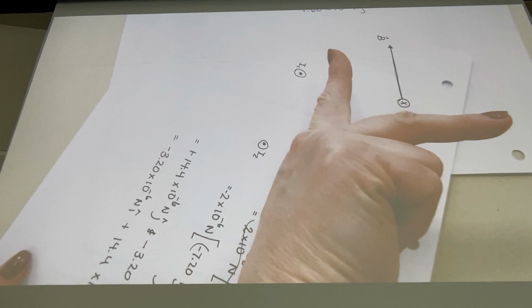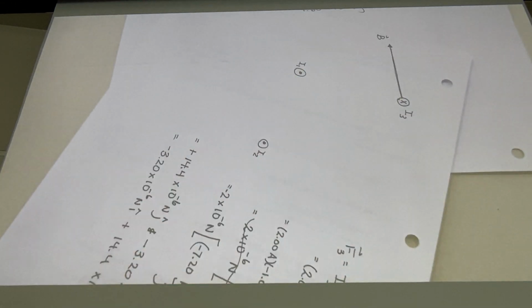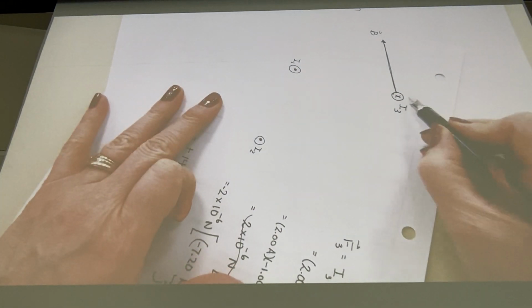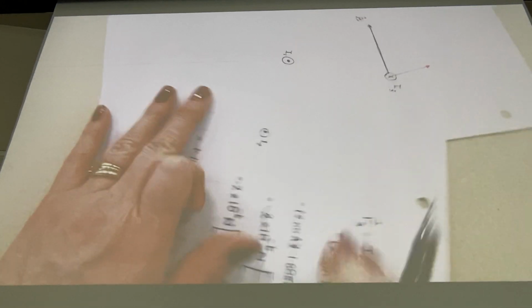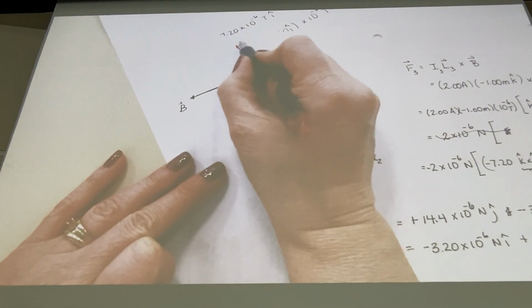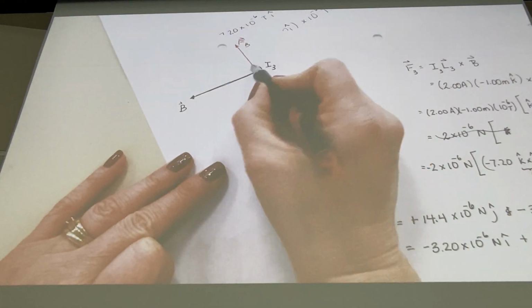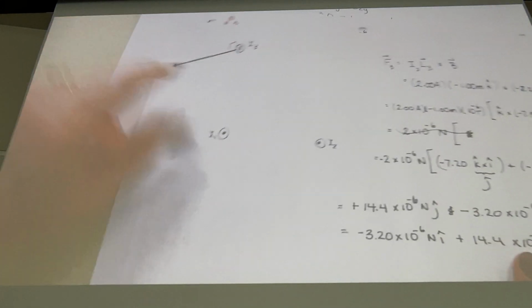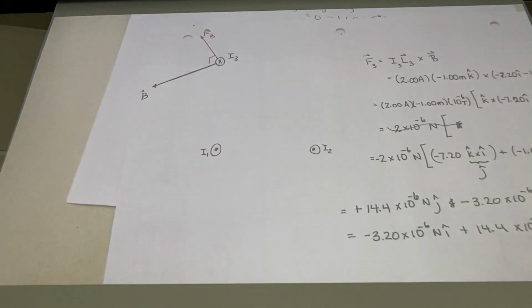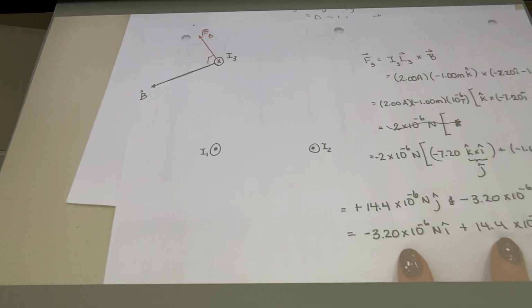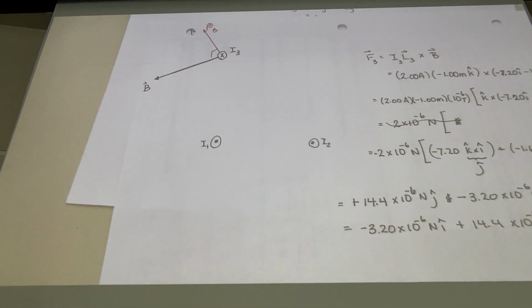My force comes up perpendicular to both of them this way. So that magnetic force comes up this way. Perpendicular. This magnetic force does indeed point up and left. The X component is kind of small, the Y component is kind of big. That matches what we have here, so it makes sense. It's consistent with what we can do.